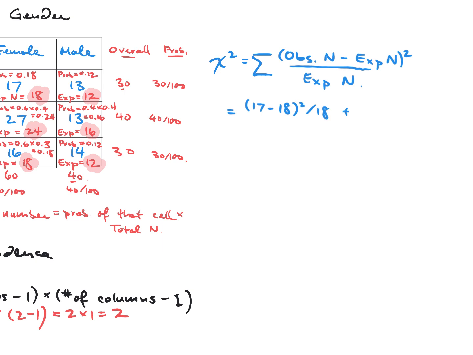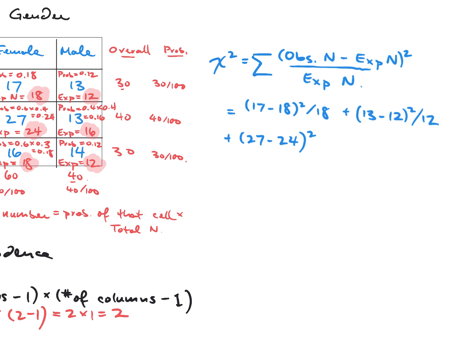Okay, top right. The observed number is 13. The expected number was 12. Square that over the expected number, 12. Okay, moving on to the middle row. The observed number was 27. The expected number was 24.